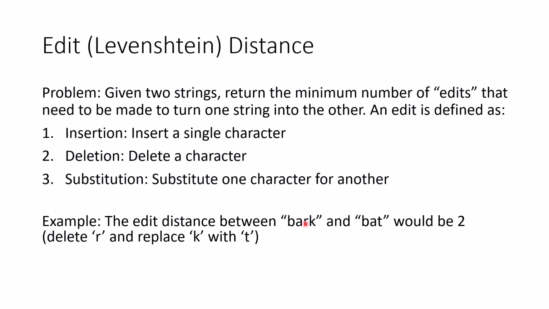And that would correspond to deleting the R here and replacing this character K with a T. Of course, the edit distance going from one to another is just going to be symmetric, because to go from bat to bark, the edit distance would also be 2, because we can just substitute the t for a k and then insert an r right over here after the a. And that's the minimum distance between the word bark and the word bat.